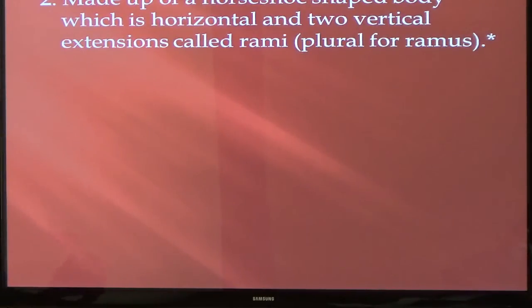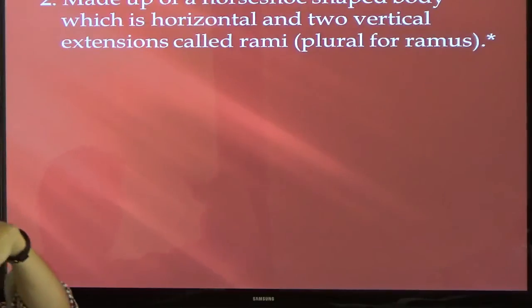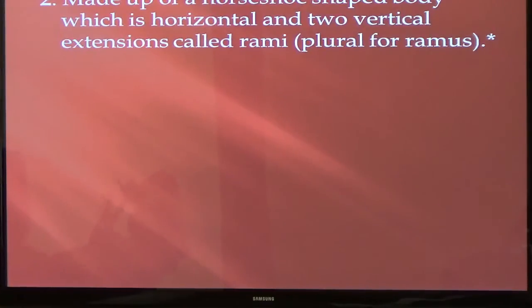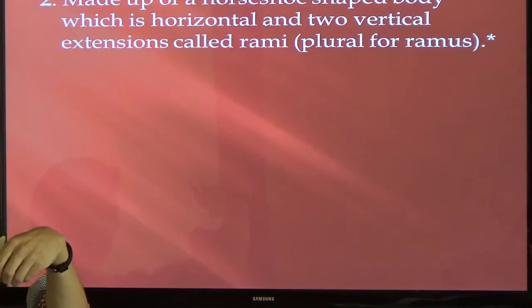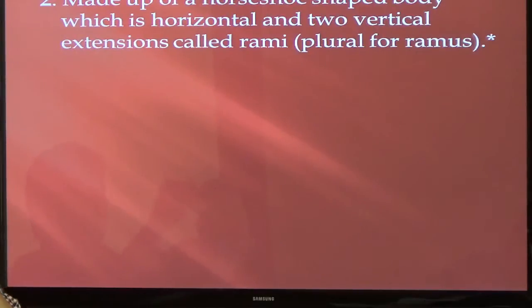So here's the body, and then again, horizontal and 2 vertical extensions. This part right here, from where it bends, that part of the mandible which is vertical, is called a ramus. And there's 2, so the plural is rami. Like cactus and cacti, ramus and rami.